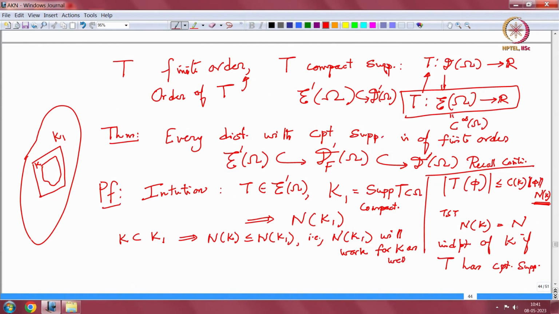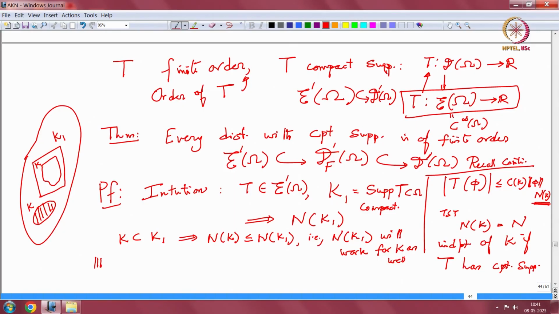Similarly, if K is outside a neighborhood of K1, then K is not near K1. That means for every phi supported in K, T phi will be 0.